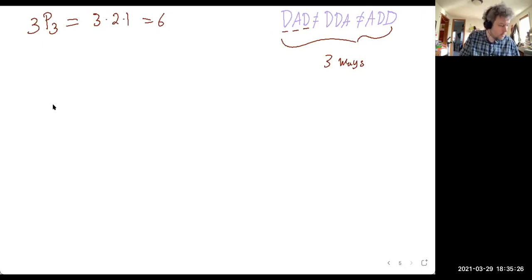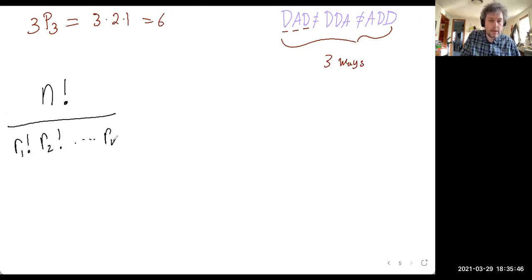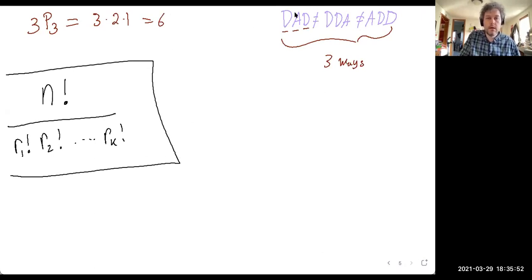What I'm going to show you next is how we account for things that are not individualized. You can do n factorial over r1 factorial, times r2 factorial, dot dot dot, to the kth repeat. So that's like a little formula: if you have repeats, how many permutations you can have.